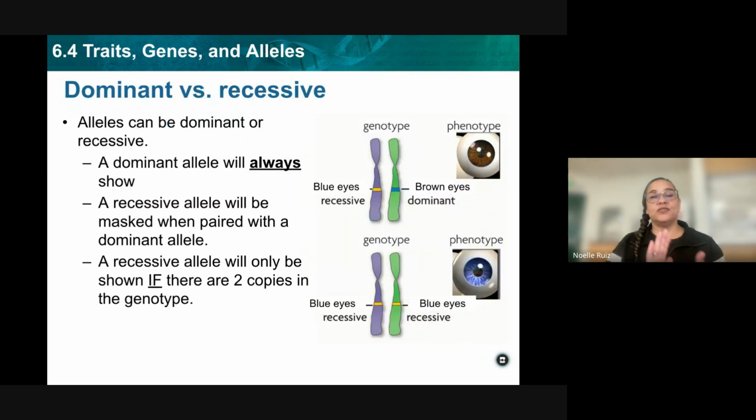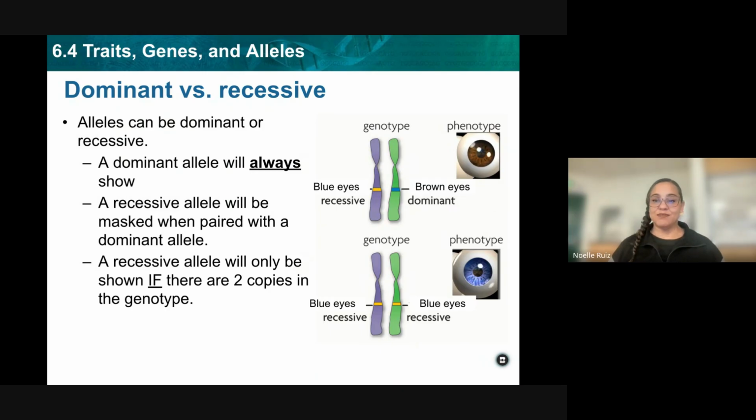So dominant versus recessive, strong versus weak. Alleles can be dominant or recessive. A dominant allele will always show. So if one parent has a dominant allele, it will always show. A recessive allele will be masked when paired with a dominant allele.